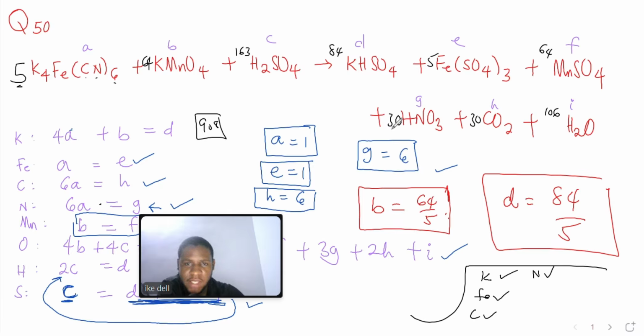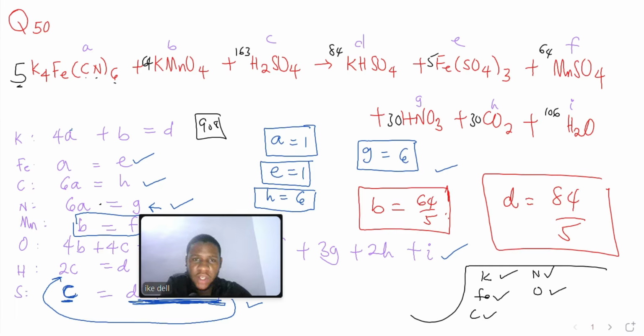We have 30 times 3, which is 90. We have 30 times 2, which is 60. We have 106 times 1, which is 106. And if we do that, we're going to have 908 in total, meaning that our oxygen is also balanced. So we just checked out the oxygen.